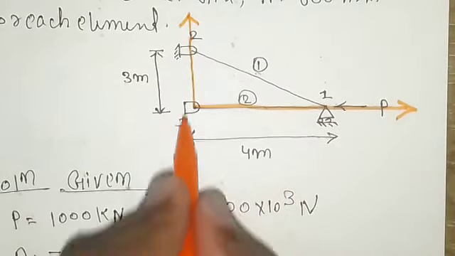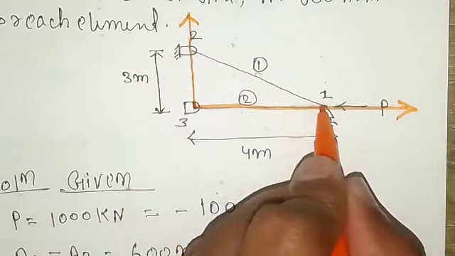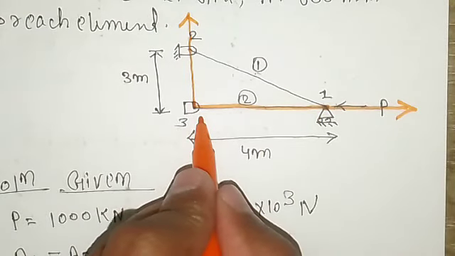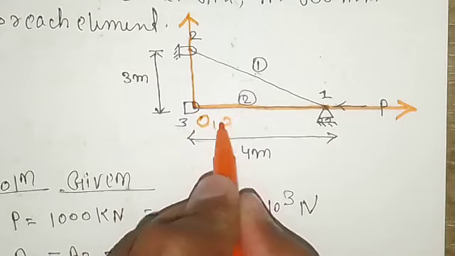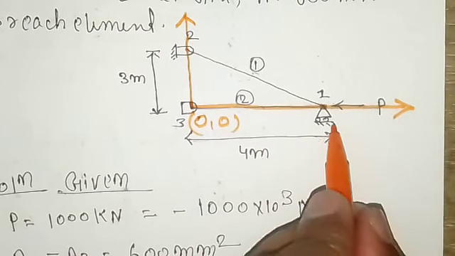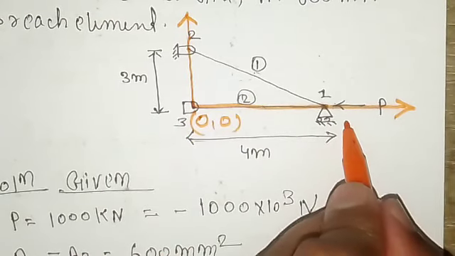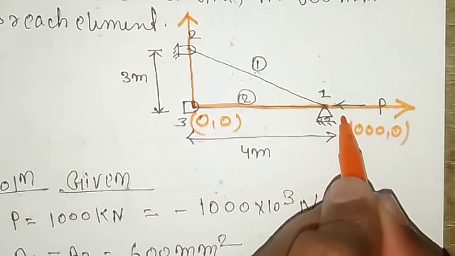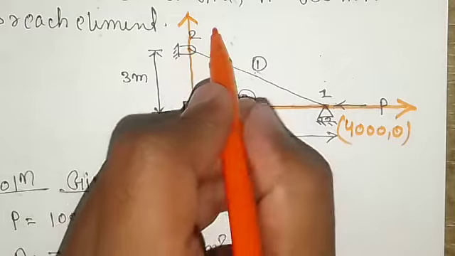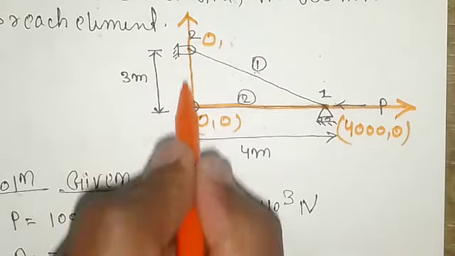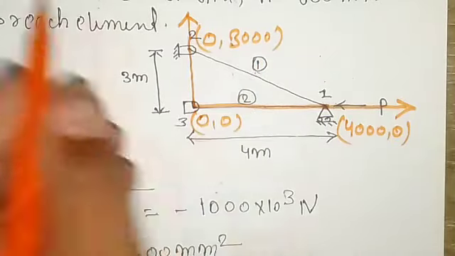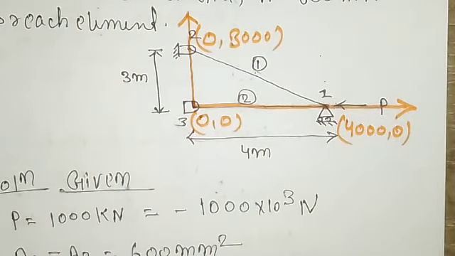This is the origin, this is node 1 and this is node 2. So what is the coordinate at this point? The coordinate at the origin will be 0, 0, and the coordinate here, that is 4 meter, we'll take in millimeter, so it is 4000 and y is 0. Again at this point the x coordinate will be 0 and the y coordinate is 3 meter, means plus 3000.